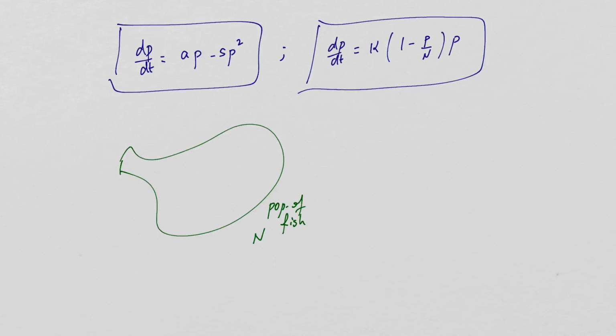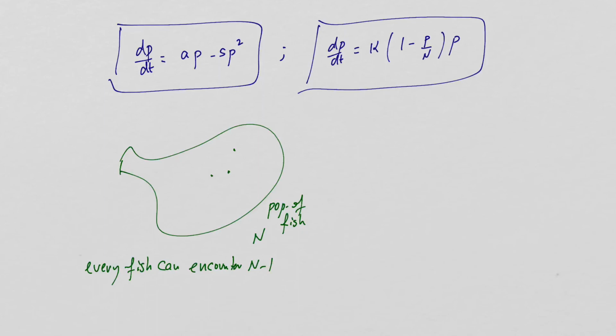Every fish has the ability to encounter n minus 1 fish.